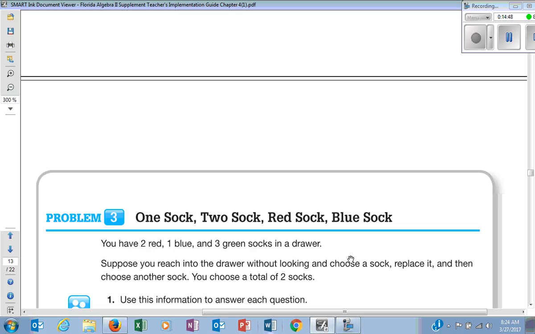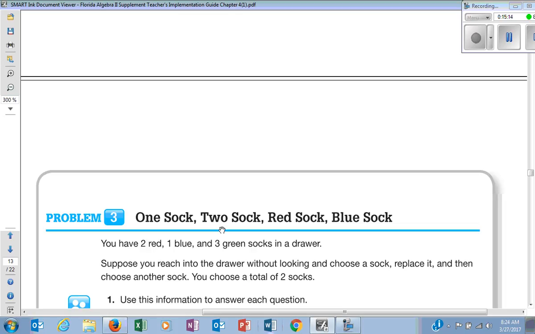You are choosing a sock, and for some reason, you replace it and pick another sock. So you're going to pick 2 socks, but you're not going to keep 2 socks. I don't know what situation this is used for, but you have chosen 2 socks.